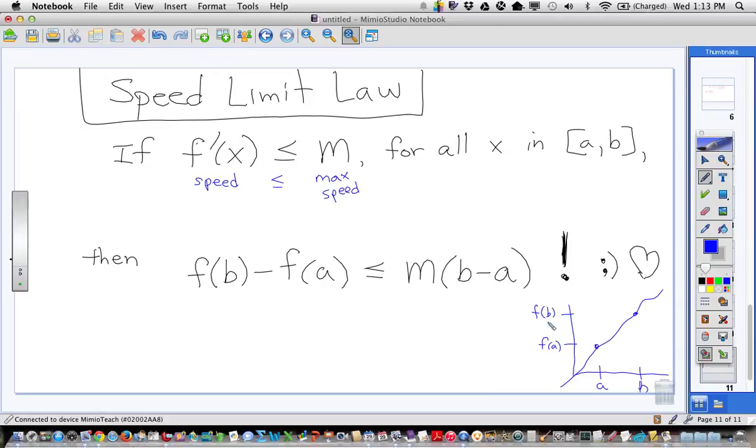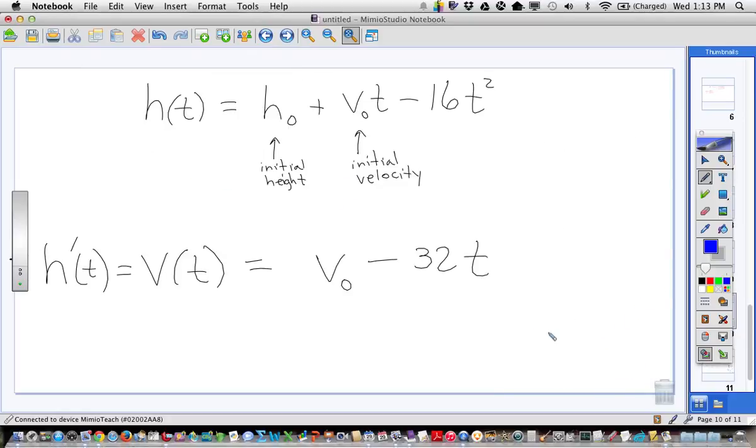Now remember, we said f was going to be miles, and f prime was our speed. So what is f of B then? What does f of B represent in this situation? The last speed?